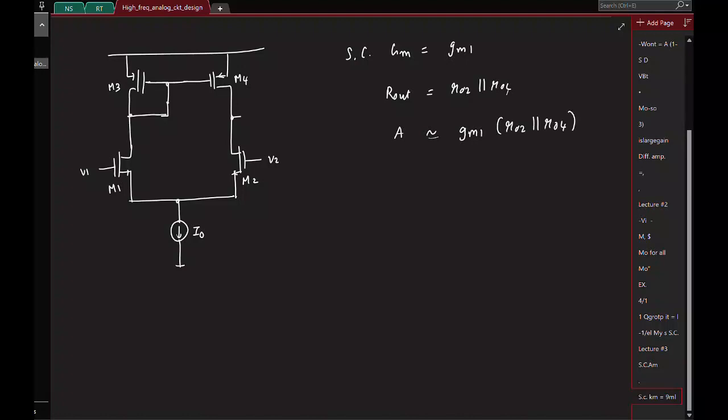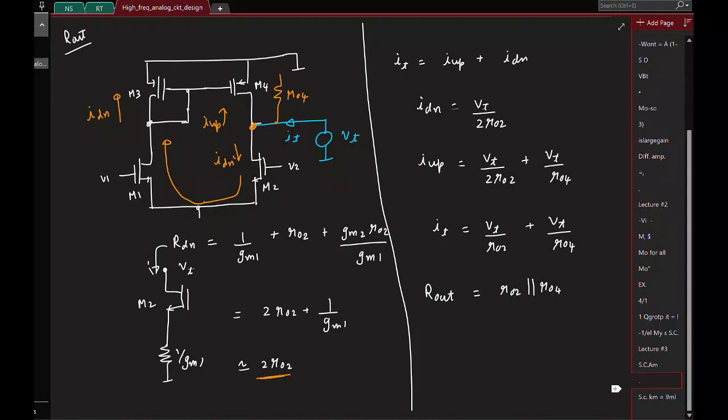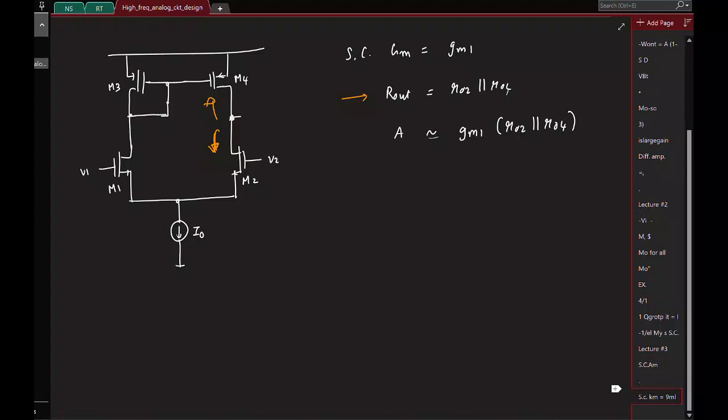Okay. And one thing to notice, although the output resistance looks like this, it doesn't come because you have R04 looking up and R02 looking down. That's a common mistake people tend to make, and that's obviously not the case, because we saw looking down the resistance is not R02, it was actually 2 times R02. Okay, but finally the expression comes out like this.